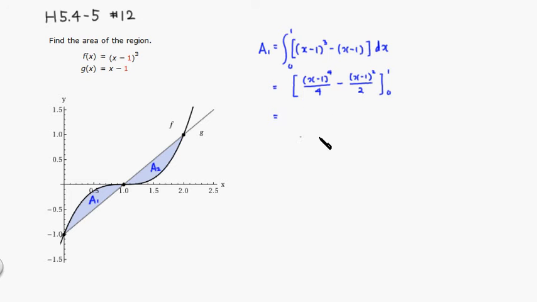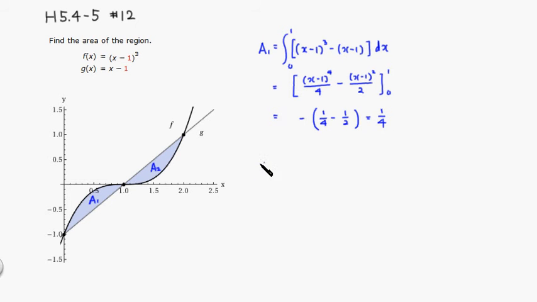Minus, if you plug in 0, 0 minus 1, negative 1 to the 4th is going to be 1/4. Minus, plug in 0, 0 minus 1 squared, so it's going to be 1/2. So 1/4 minus 1/2 is negative 1/4, but there's a negative sign here, so that's going to be positive 1/4. That's our A1.